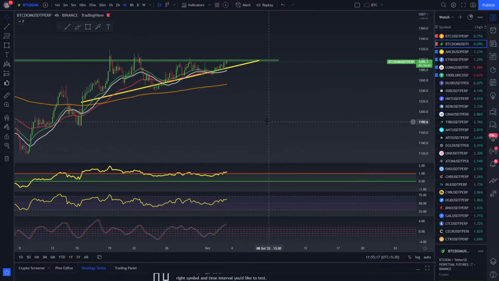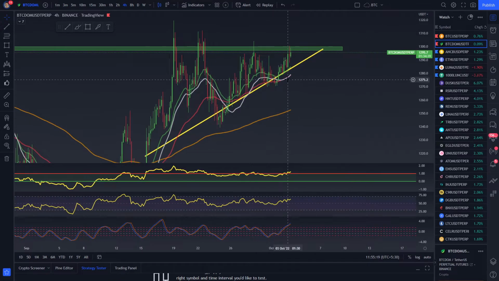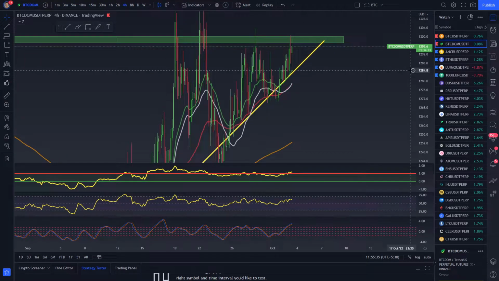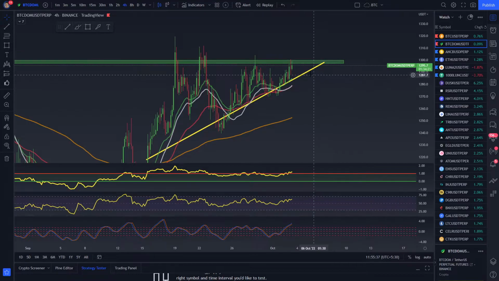We are presently trading above the 20, 50 and the 200-day moving averages. The Bollinger Band strategy has given us a buy signal over here. The RSI is favoring the buy side. The Fisher is presently overbought, but with this sort of momentum we are most likely going to break above.